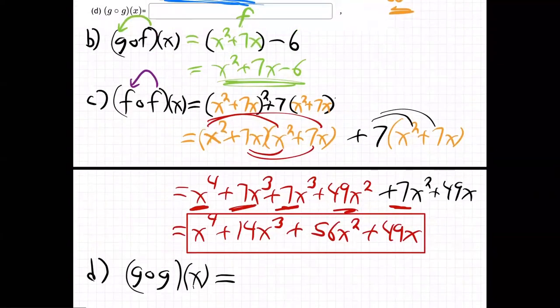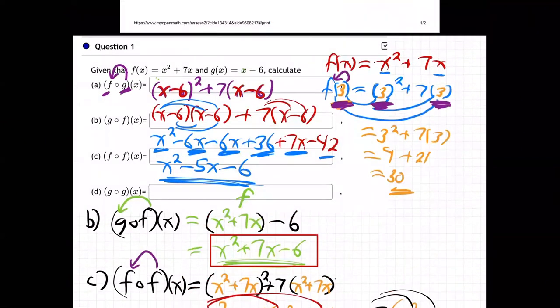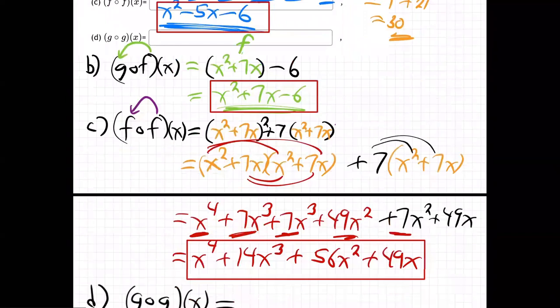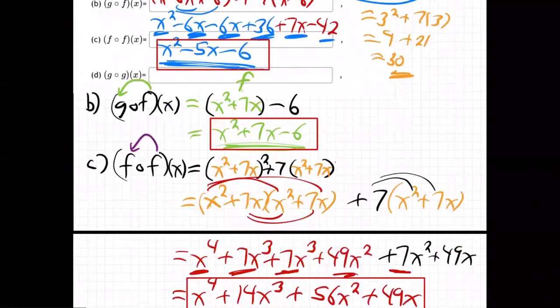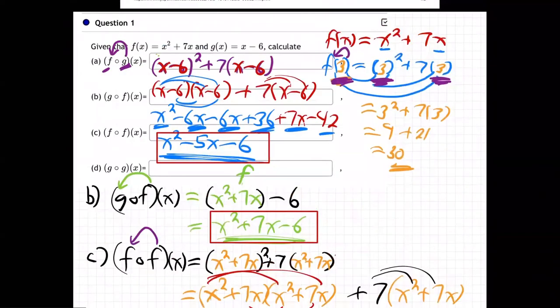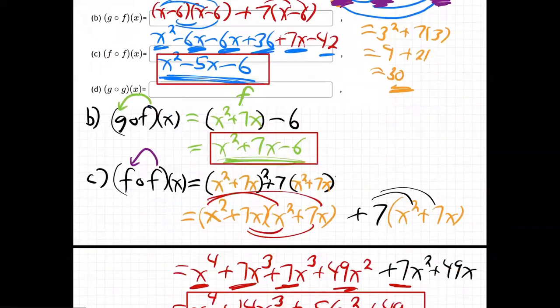There's that one. Here's the answer to part A. All right, so now finally part D, g of x. So here's the function g of x. It's x minus 6. So that means I'm plugging x minus 6 into itself. I plug the whole x minus 6 into the x slot, the input slot of the function.